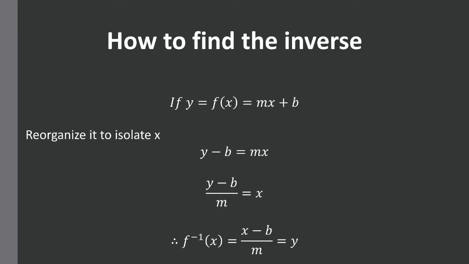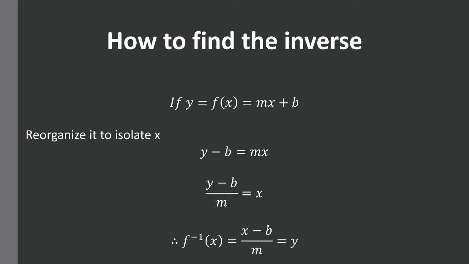Let's go over a really simple example. Suppose that we have a linear function y equals mx plus b, and as you can see, currently the function has y isolated and x as an input on the right side. What we want to do is reorganize the equation such that x is isolated, so that x is a function of y.